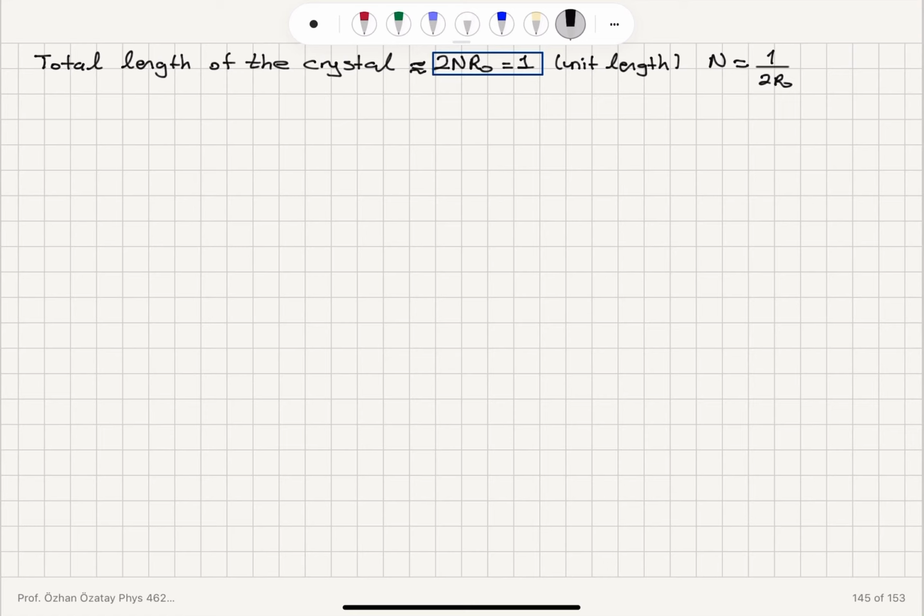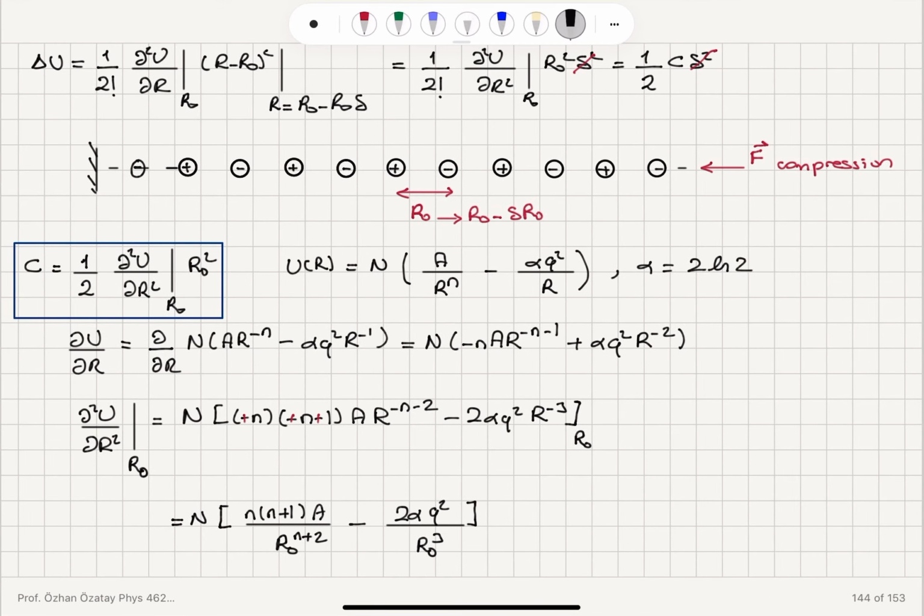Okay, for capital N. Now I go to the second derivative that I have found, del square u del r square, evaluated at the equilibrium separation r0, is equal to, now I'm going to substitute for capital N 1 over 2 r0.